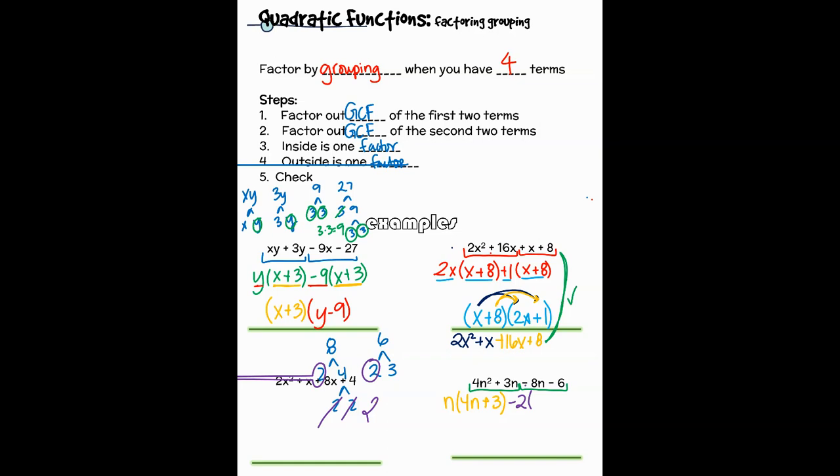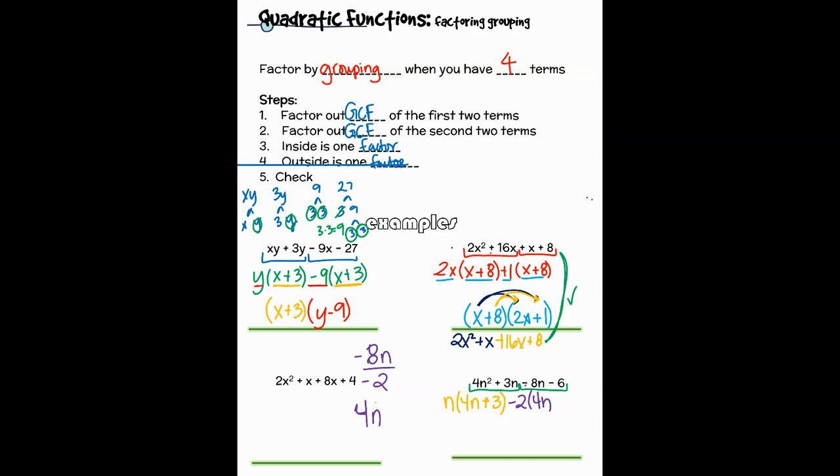So what am I doing here to get the inside of our parentheses? I'm taking 8n divided by negative 2. Negative 8 divided by negative 2, sorry, positive 4n.